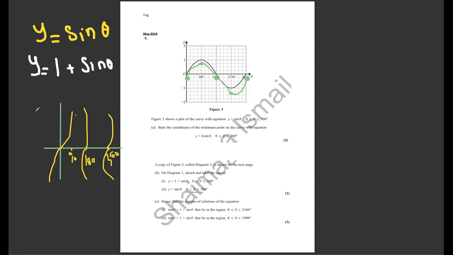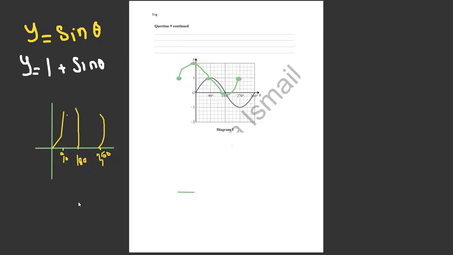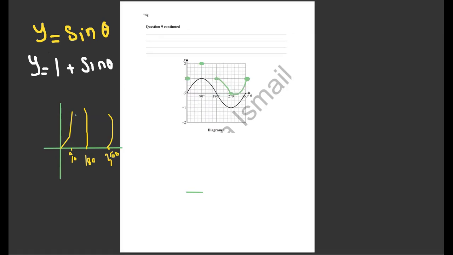And that's it. All he wants now is this. We just need the positive part, so I'm going to skip the negative part. If we draw y equals tan theta, again, here we are going to draw it like this.